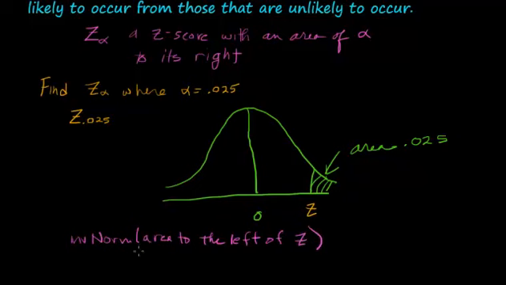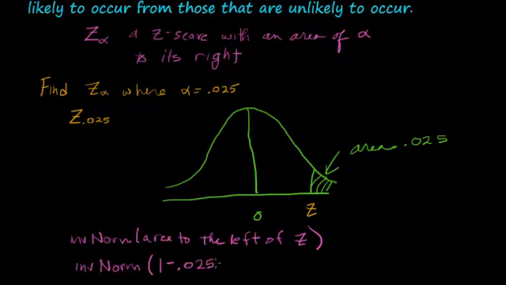Okay, so for the area to the left, I can write inverse norm, and you can actually enter it this way if you're careful in your calculator. How would we find this area to the left? We would take 1, which is the total area under the curve, and subtract off that 0.025.